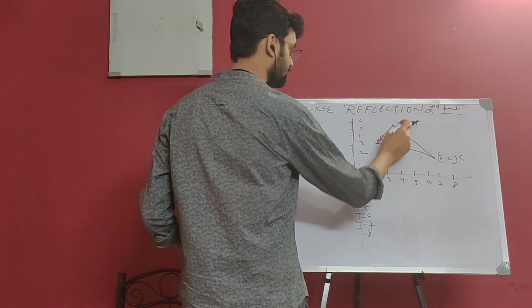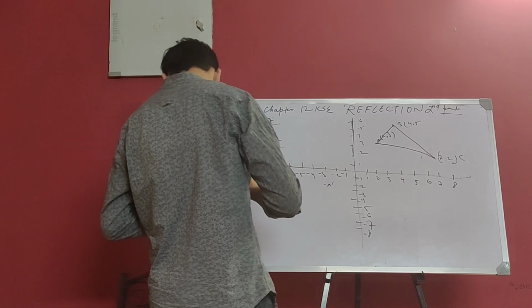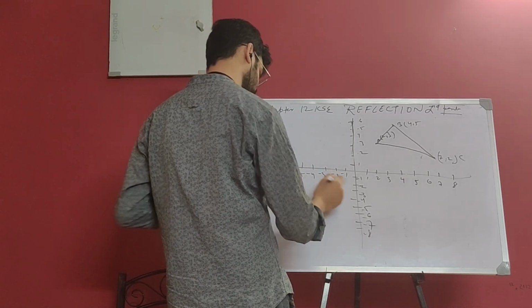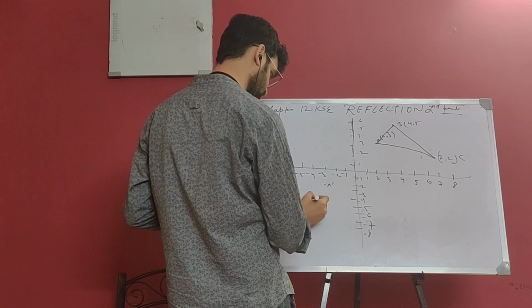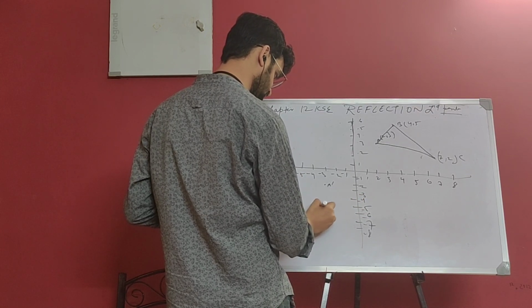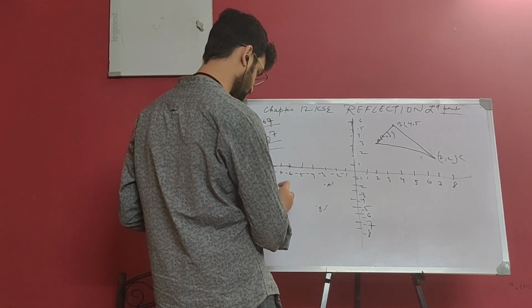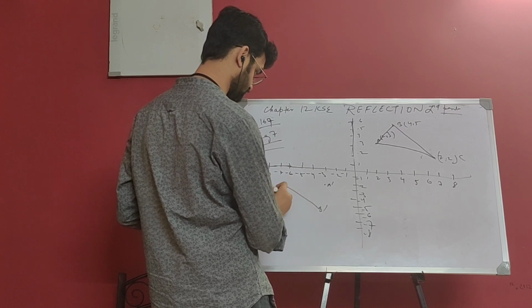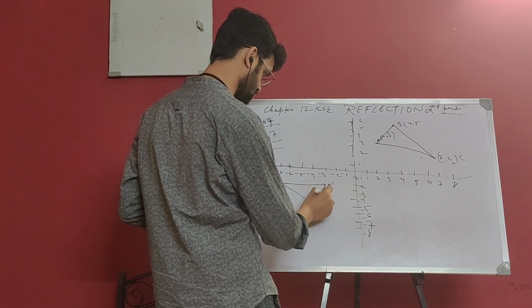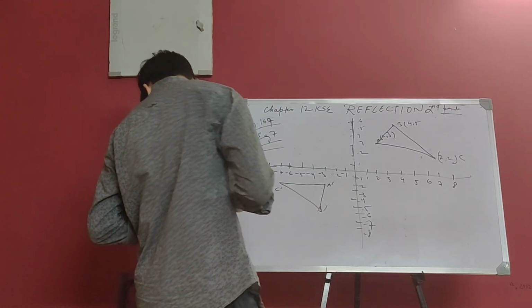B dash will be minus 4 comma minus 5, somewhere here, B dash, and C dash will be minus 7 comma minus 2, somewhere around here. So this is the reflection in the origin.